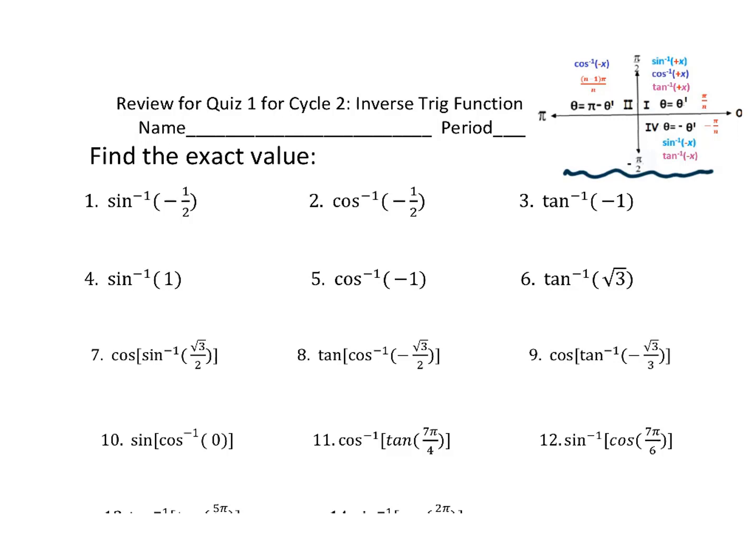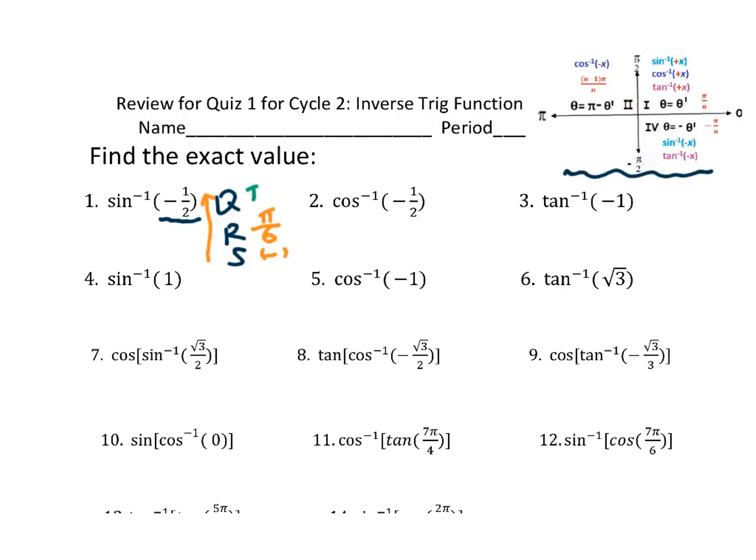For number 1, since the domain here is a -1/2, we go to QRS. Do the backwards. Sign is negative. Reference angle, that's pi/6, because sine pi/6 equals 1/2.